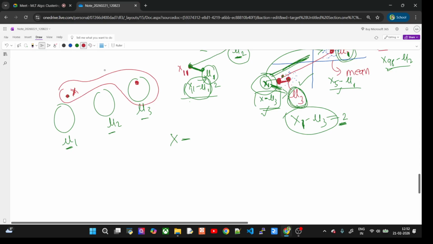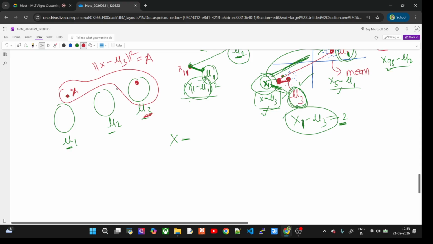What you did the first time was x minus mu3. You calculated the length squared, and you found that x minus mu3 has, for example, capital A as the length.